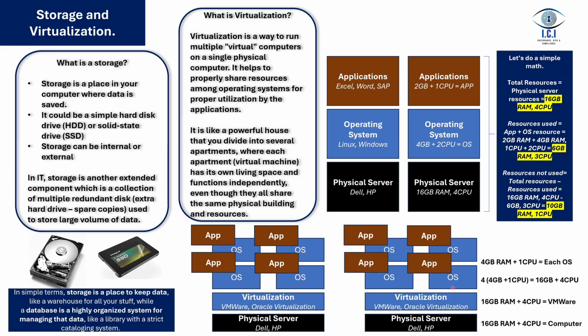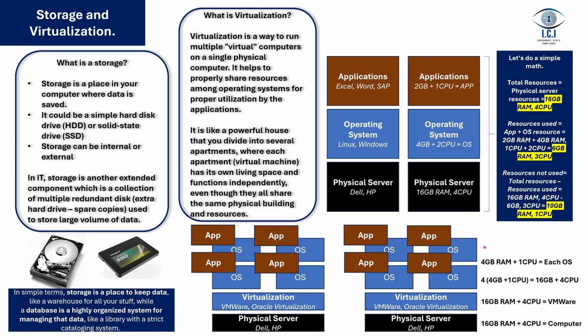So what does virtualization do? It helps in the proper distribution of resources. So what it will do now, it can share maybe 4 gig of RAM and 1 CPU to each of the 4 OS.